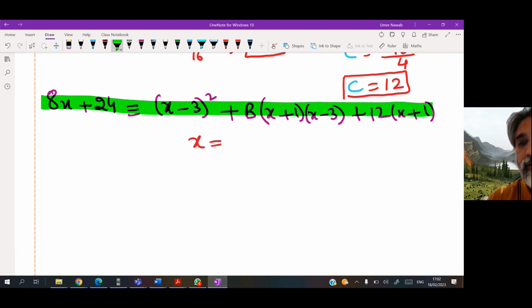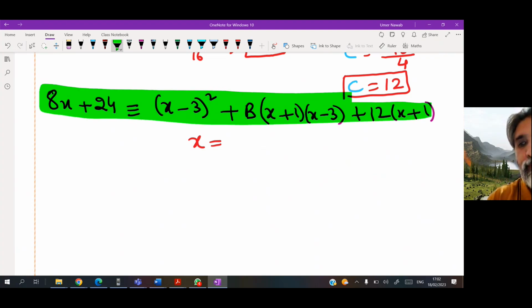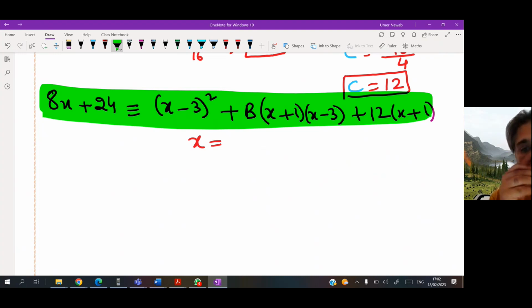I call it the horizontal equation. We converted the fractional equation into the horizontal form. So in this form, I'm going to put x is equal to 0. So it becomes 24.